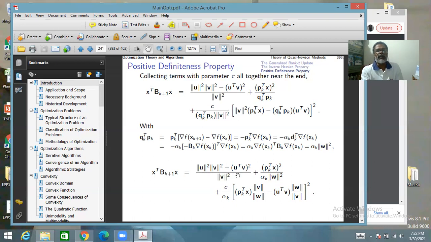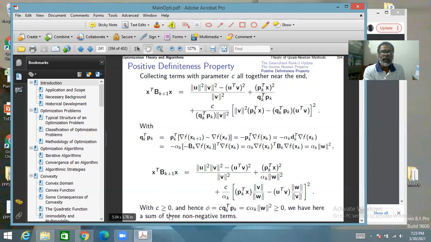This is also non-negative because u transpose v is |u| |v| cos theta, where theta is the angle between the two vectors. And so this whole thing is |u|²|v|² sin² theta, which is greater than or equal to zero. So this is together a non-negative term, this is together a non-negative term, and for c greater than or equal to 0, this whole thing is also a non-negative term.